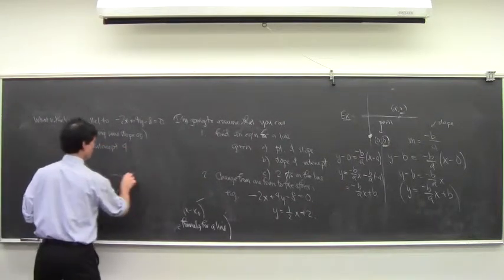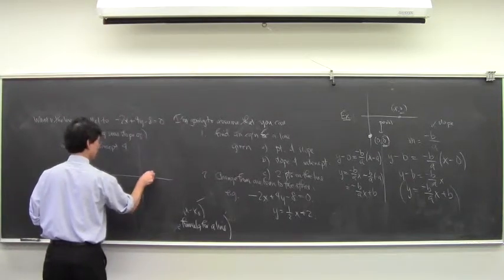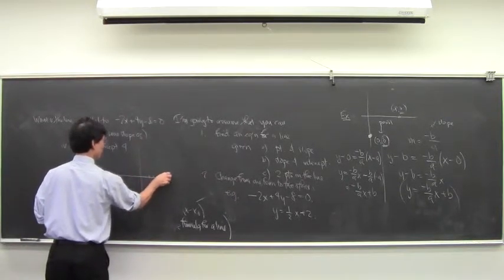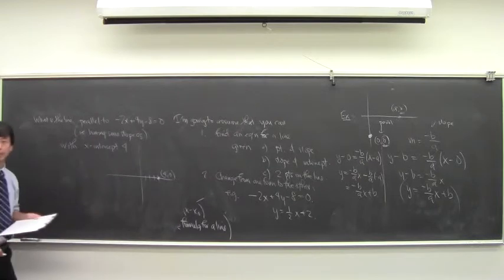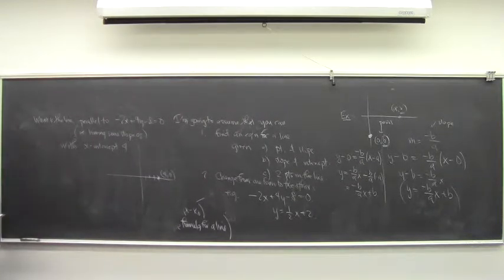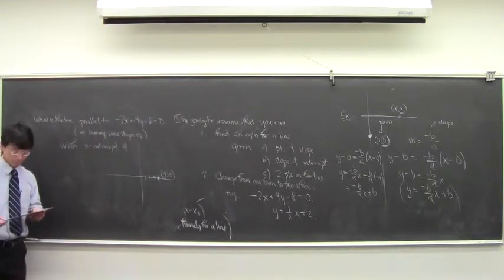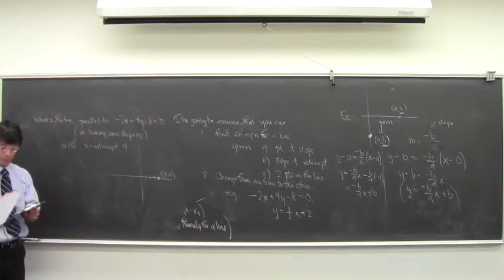In other words, it passes through (4, 0). So take 1 minute and work this out.